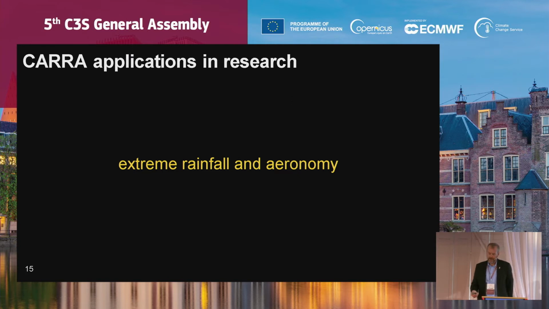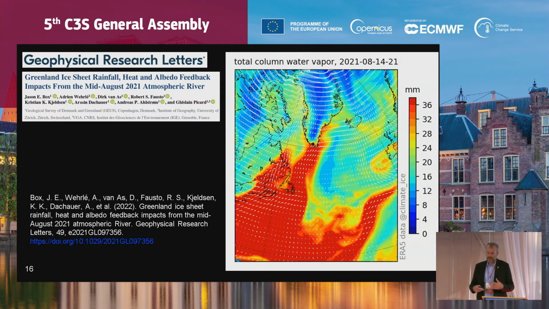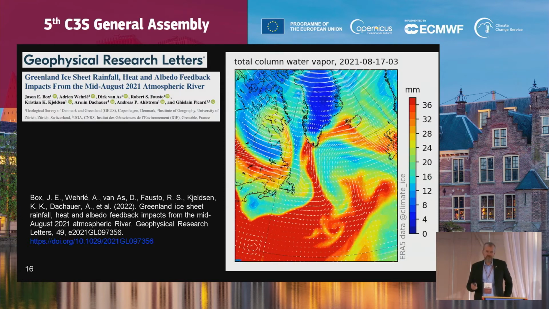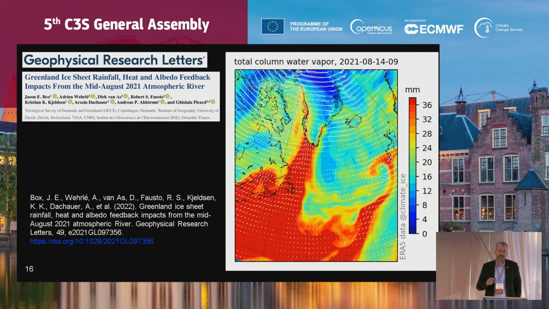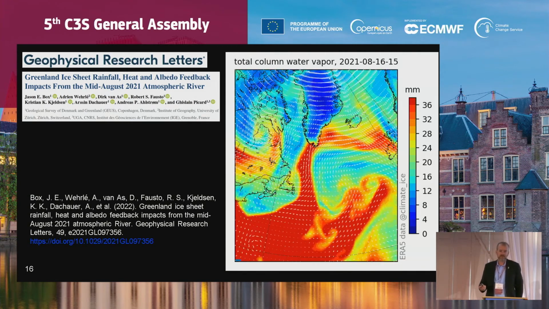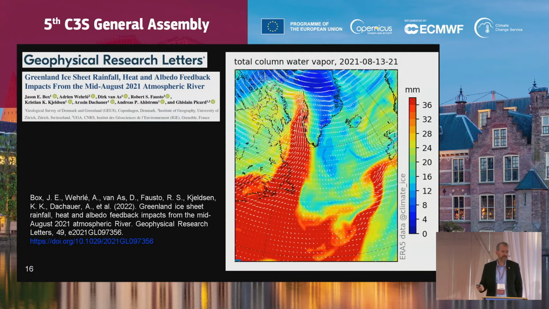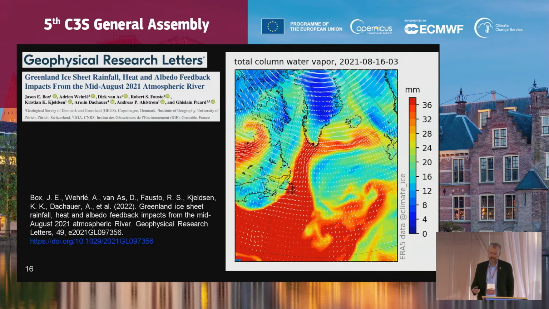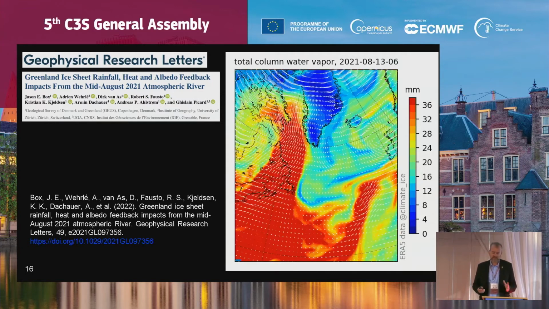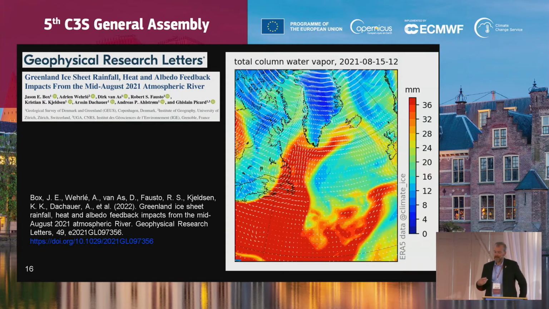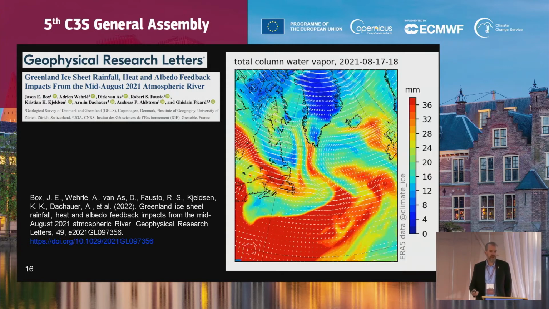And so just some research applications that I've personally gotten into involve rainfall. Just after the record-setting first observed rainfall at the top of the Greenland ice sheet last August, we published an observational study documenting the atmospheric river, a heat wave event.